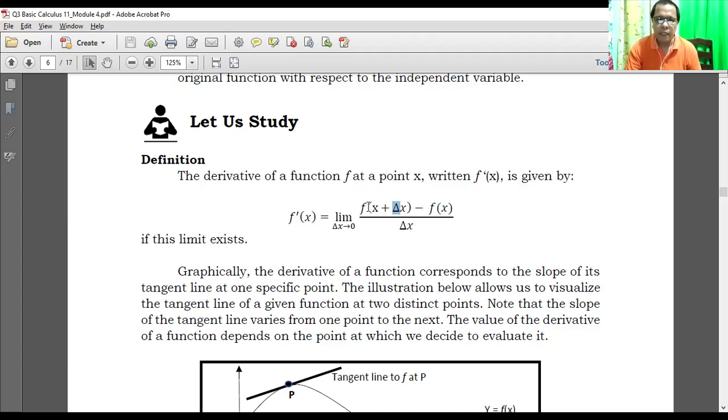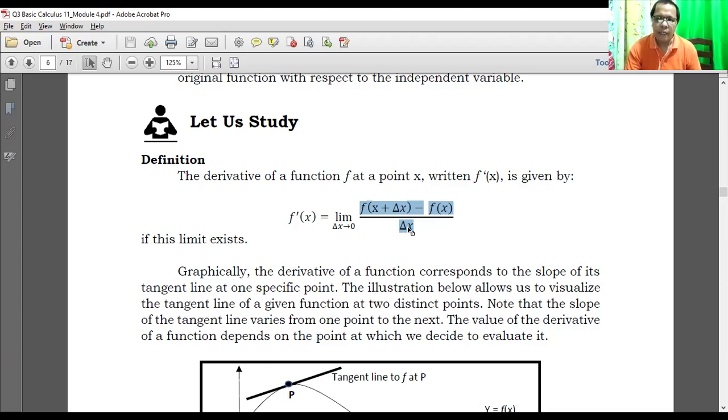Basically, this equation without the limit is the equation of a slope, the slope form of the equation of a line. So for example, if the line is lying on the x-axis, the slope is 0.